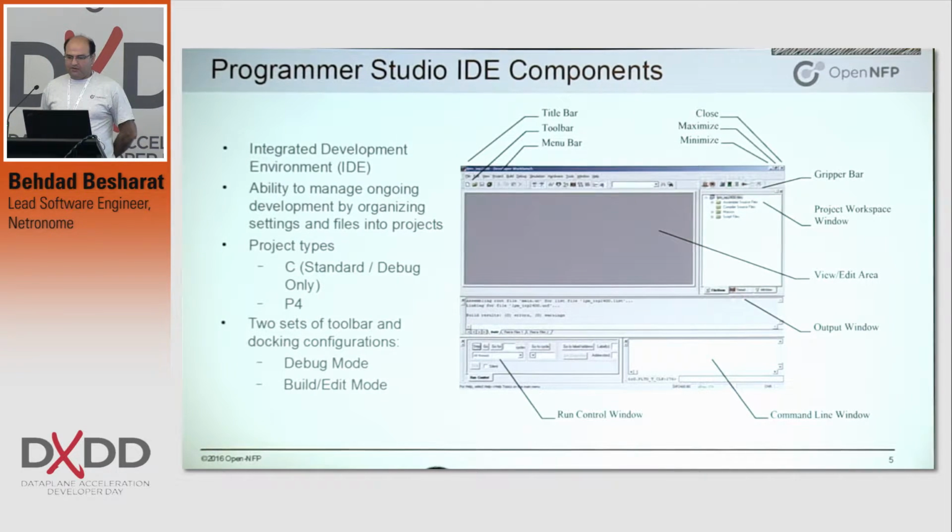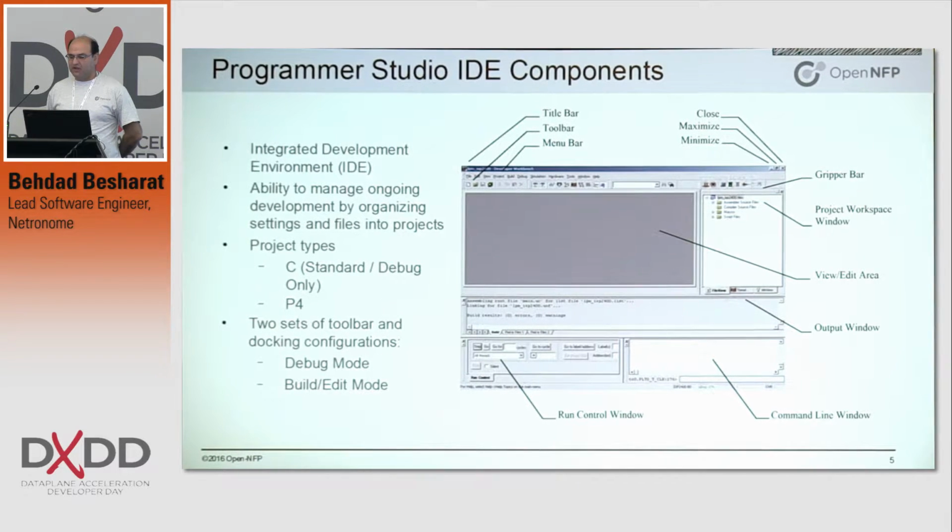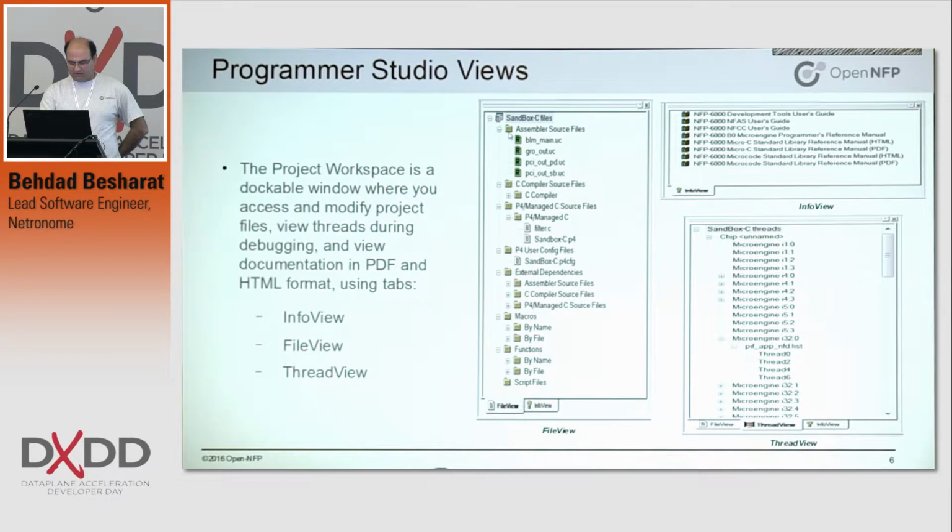So here's how the Program Studio looks. When you open it, you will see only the firmware and also the documentation that comes with the SDK in the project space area.